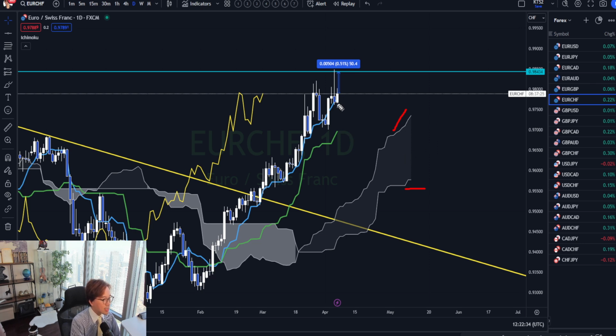And Tenkan-sen is up, which is short term, and the price is above the Tenkan-sen, that means buyers dominate over sellers in the short term as well. And the green Kijun-sen is also up, the angle itself is up. And Chikou span is above the candles too.